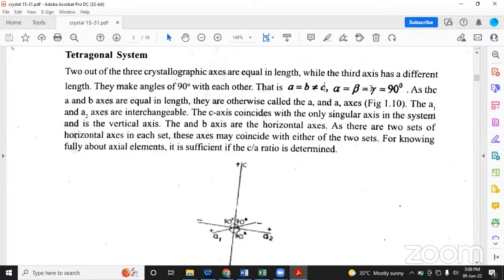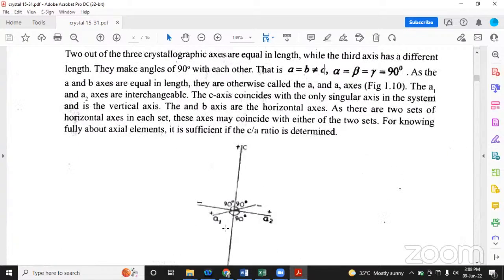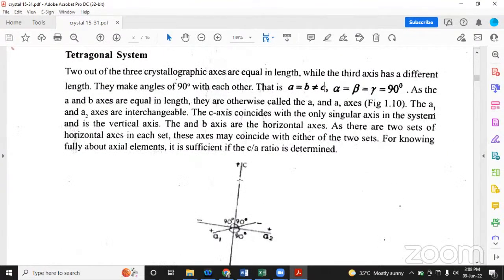Alpha, beta, gamma, the angle between the three axes, is 90 degrees. Two axes are the same length and one is shorter or longer, while the angles are the same. This system is called the tetragonal system.